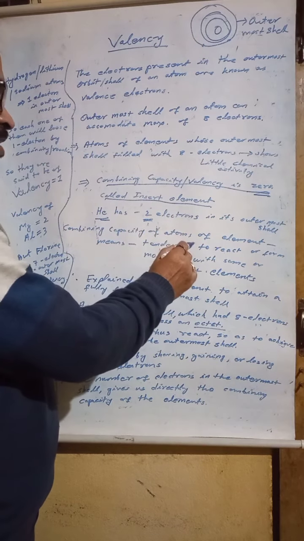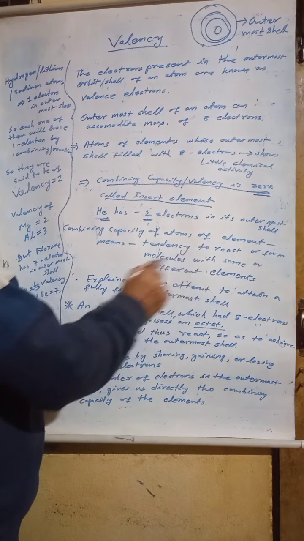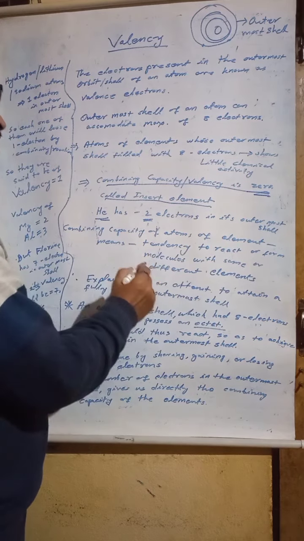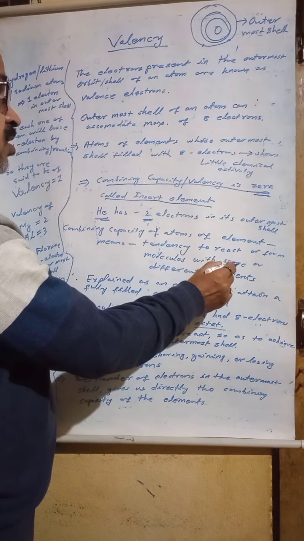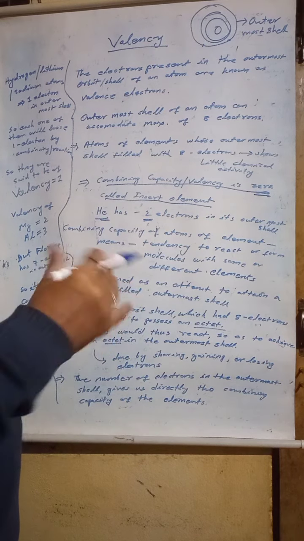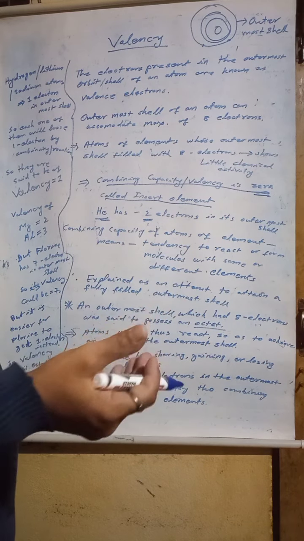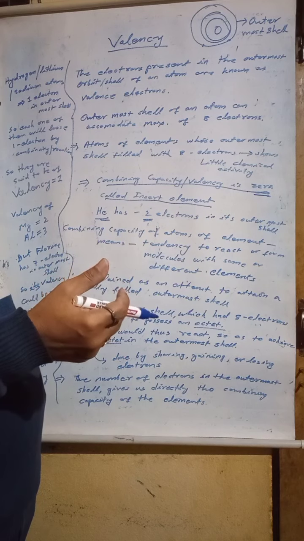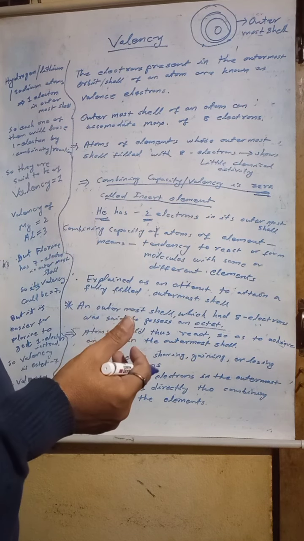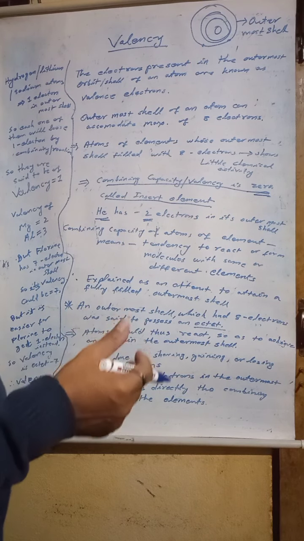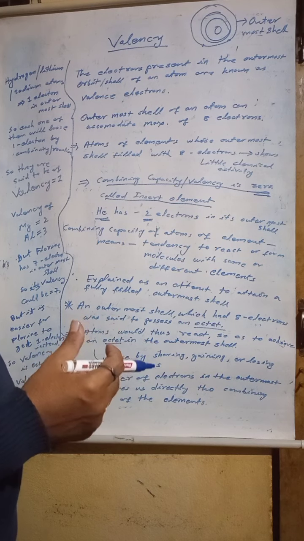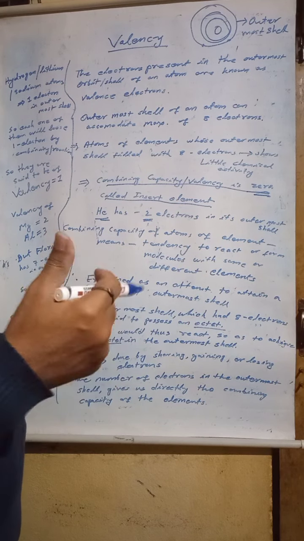Combining capacity of an atom of an element means the tendency to react or form molecules with the same or different elements. Combining capacity also depends upon the electrons present in the outermost shell.